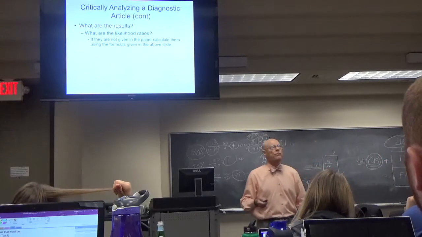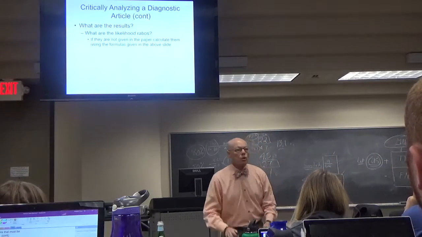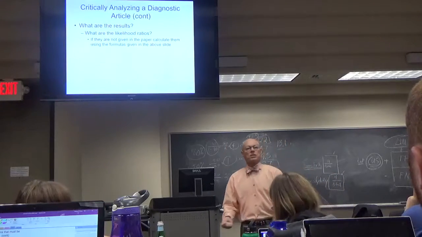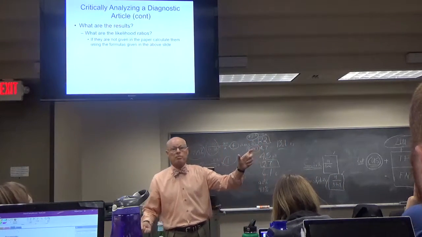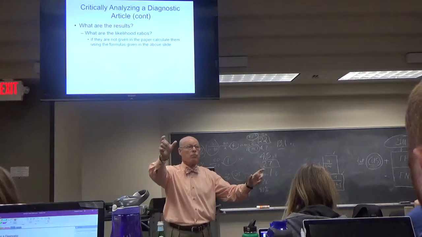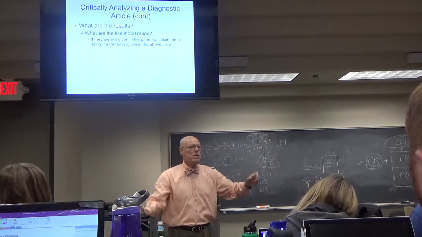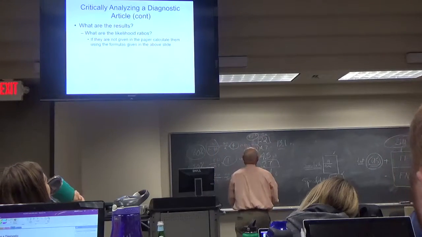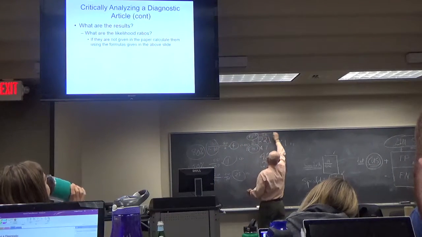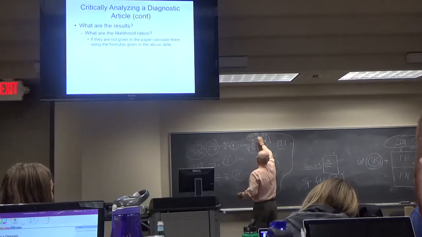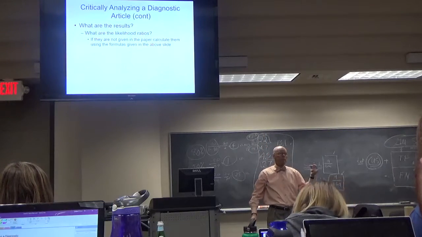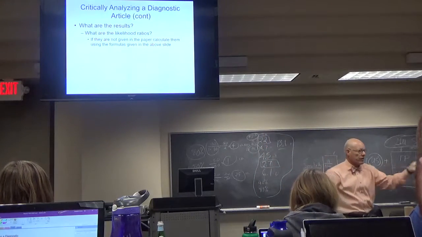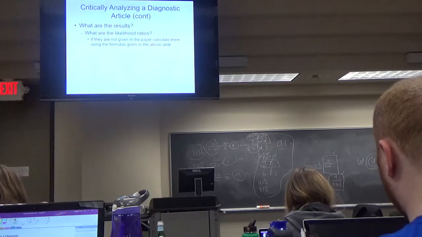And then what are the likelihood ratios? What are the results? So the results, we talked about this a little bit yesterday, the results of a treatment plan, a treatment article, are going to be relative risks and hazard ratios. The results of a diagnostic test are going to be likelihood ratios. And what I'm doing when I'm doing my 2-minute thing is I'm looking through there to see if there are likelihood ratios.